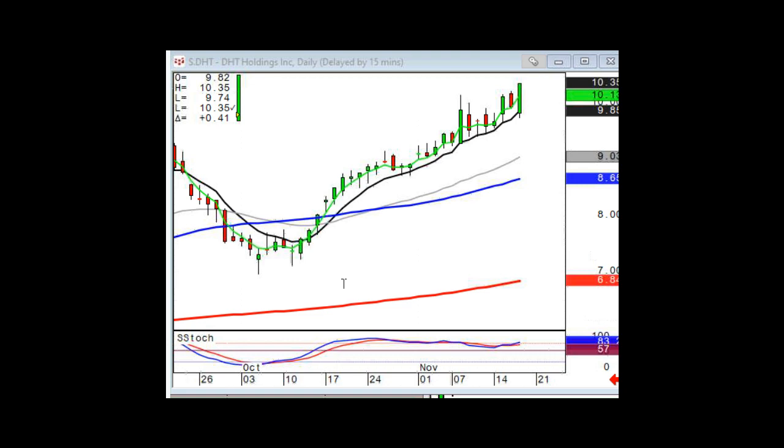The reason is because those signals are what the Japanese rice traders have illustrated for us from 400 years of experience.